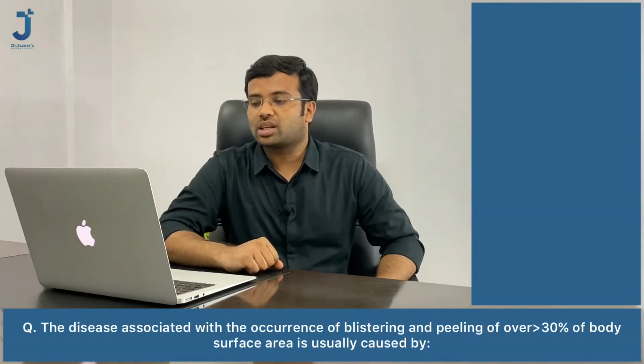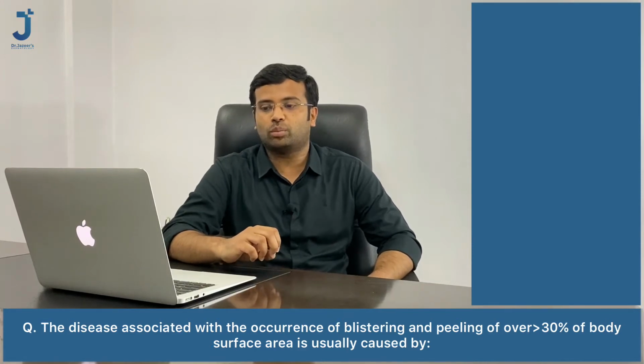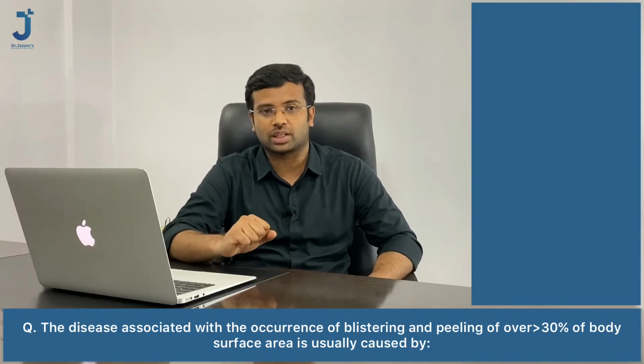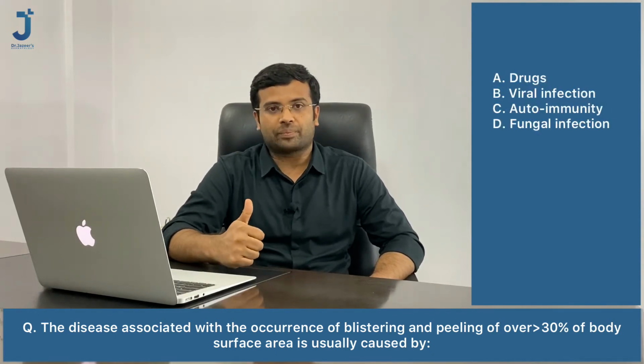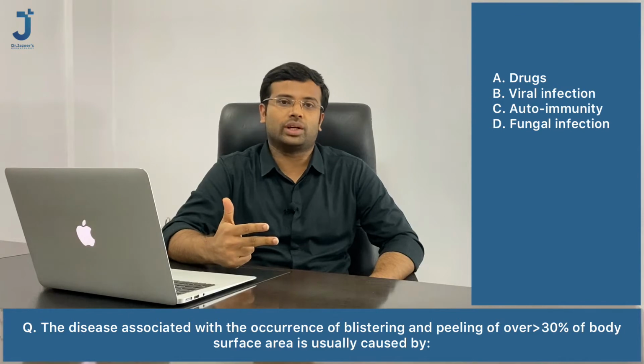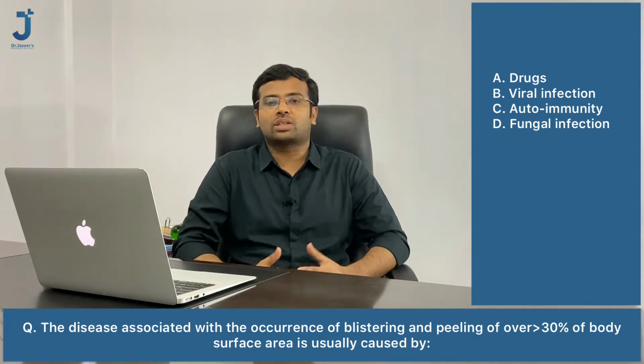The disease that is associated with the occurrence of blistering and peeling of more than 30% of the body surface area is usually caused by: drugs, viral infections, autoimmunity, or fungal infection. So what is the diagnosis in this case?